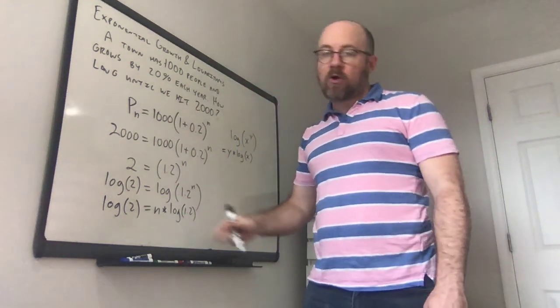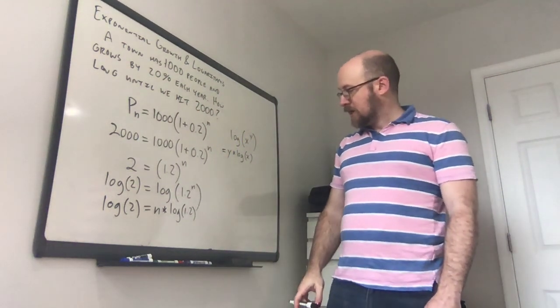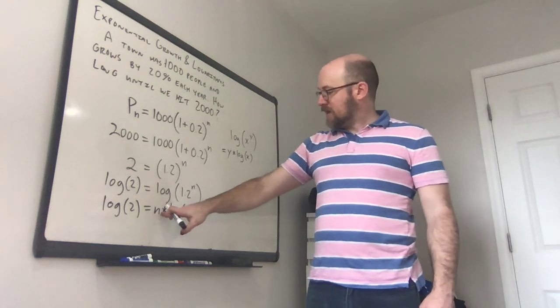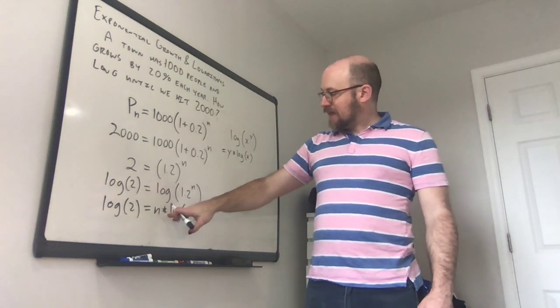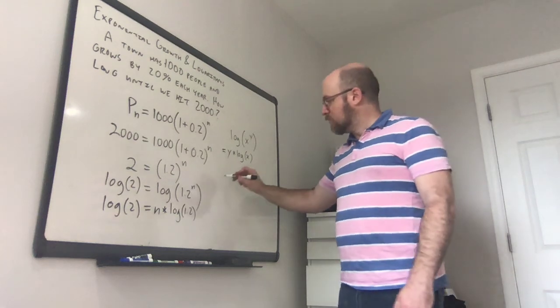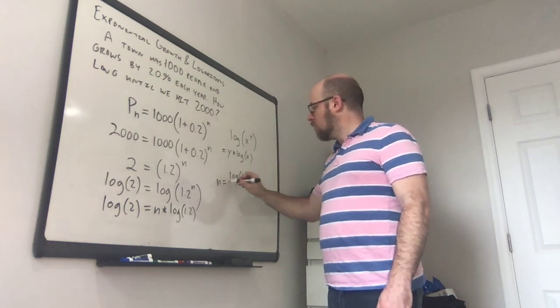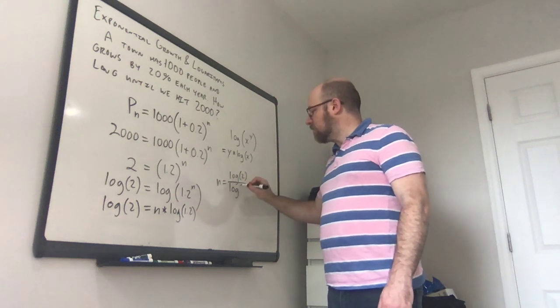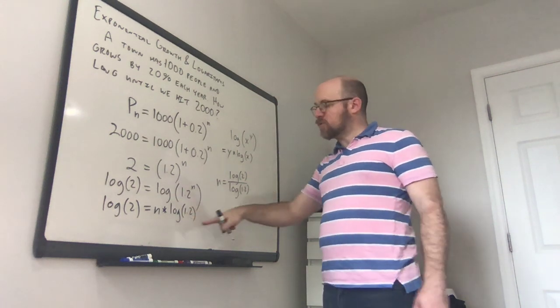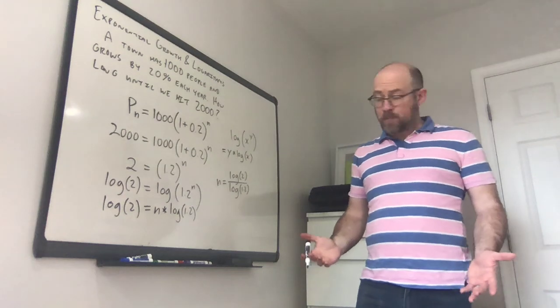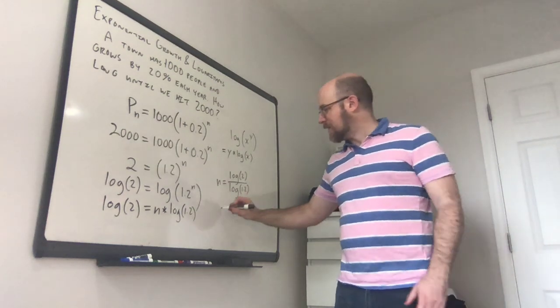So that power comes down and becomes multiplication. And this is easy to solve, right? To get n, you just divide by log of 1.2. So n equals log of 2 divided by log of 1.2. We just divide both sides by log of 1.2, which is just a number. We don't know what it is yet. We'll put it in our calculator in a minute.